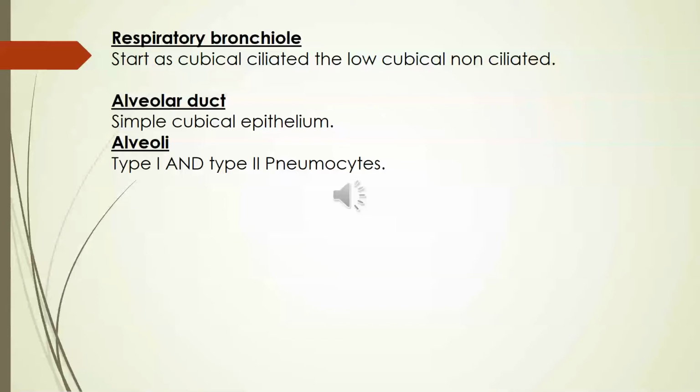The alveolar sac is mainly formed of two or three alveoli joining each other, forming a large sac, and this sac and its alveoli are lined with simple epithelium named pneumocyte cells, or pneumocytes. We have two different types of pneumocytes in the alveolar sac and alveoli, pneumocyte type 1 and pneumocyte type 2.